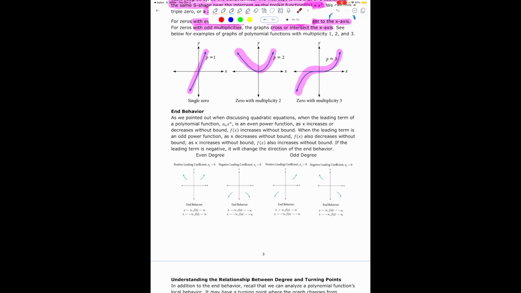As we pointed out when discussing quadratic equations, when the leading term of a polynomial function is an even power function, as x increases or decreases without bound, f(x) increases without bound, which means the end behavior of the function is going to look like this, or it's going to look like that, depending on the leading coefficient, if it's positive or negative.